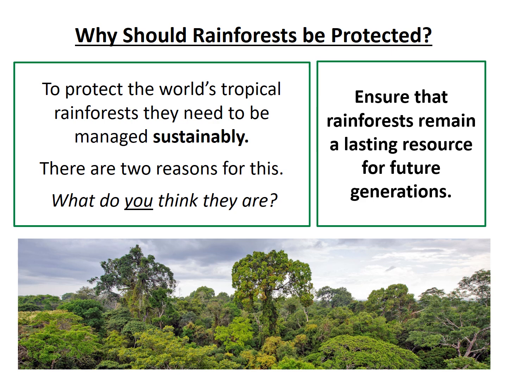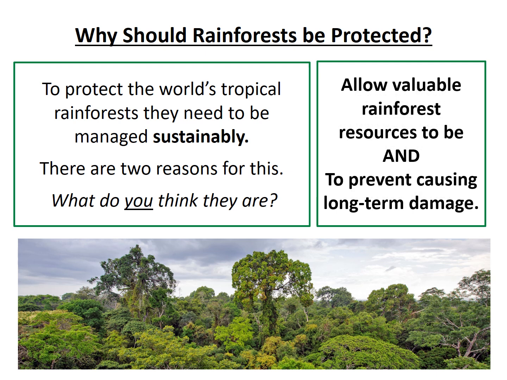So we don't destroy them so much now that they can't be used in the future. Sustainable management of a rainforest is to ensure that rainforests remain a lasting resource for future generations, allow them to be used, and prevent long-term damage.